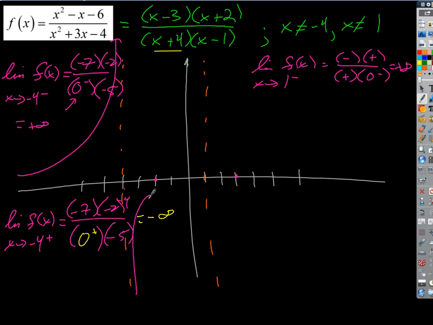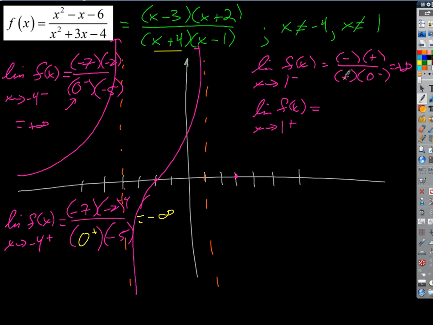So we know it's going to do something. It's got to go through that point too, doesn't it? So I didn't draw that very well. It's probably going to look more like that, sort of, right? And then on this side here, it's got to go through that point, same kind of thing. Limit of f of x as x approaches 1 from the right.